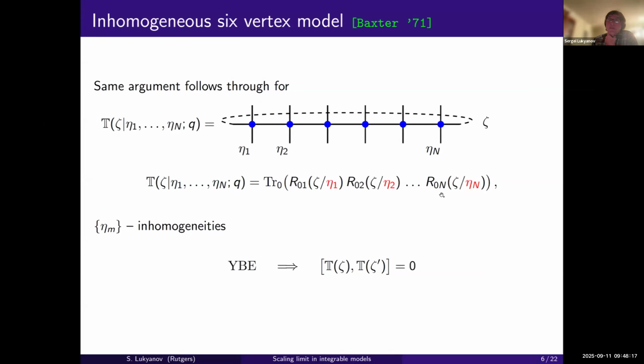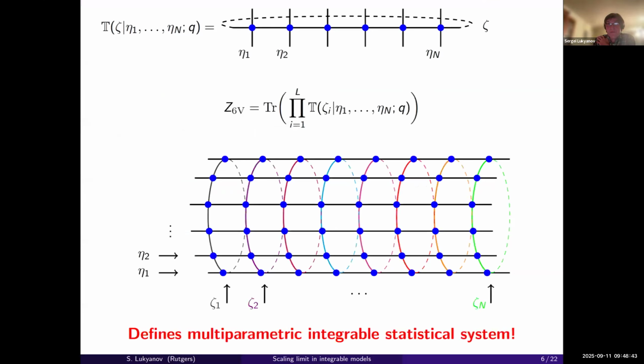But again, just using the Yang-Baxter equations, and this is the benefit of choosing such a parameterization, parameterizing the weights using the spectral parameter and anisotropy parameter, the transfer matrices form a commuting family of operators. Basically, this is the signature of integrability, and we can proceed further in the same direction as before.